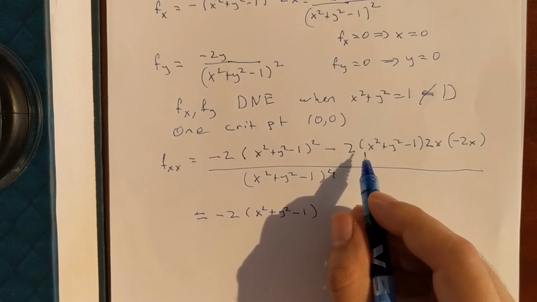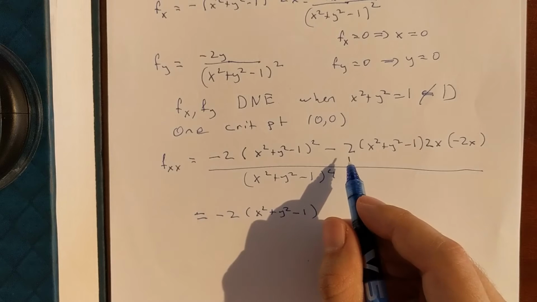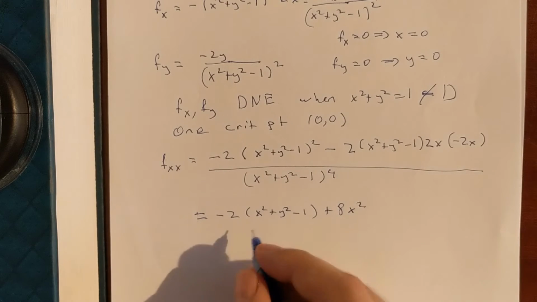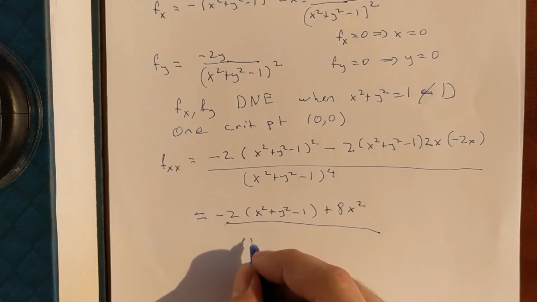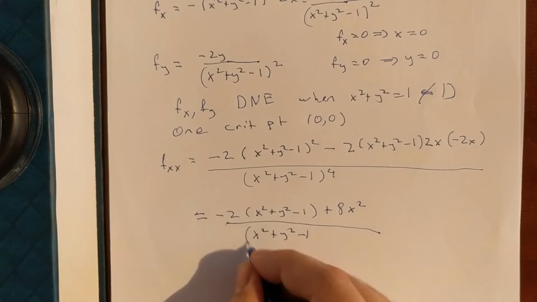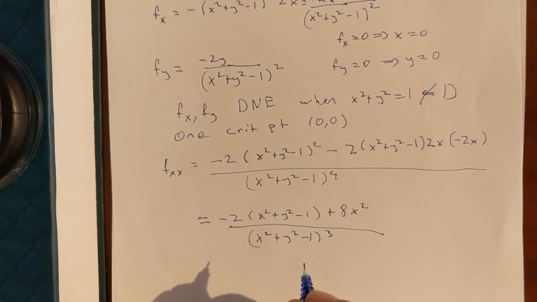I'm going to have plus 4x plus 8x squared, all over x squared plus y squared minus 1, and we got rid of one of the powers, so it's just cubed. So that's that.